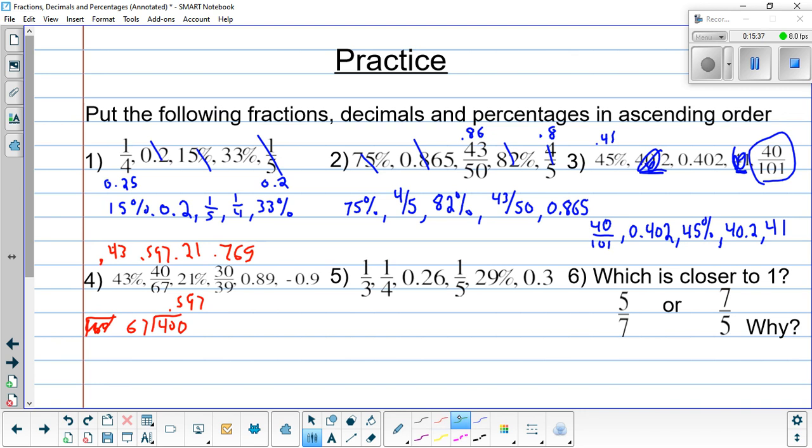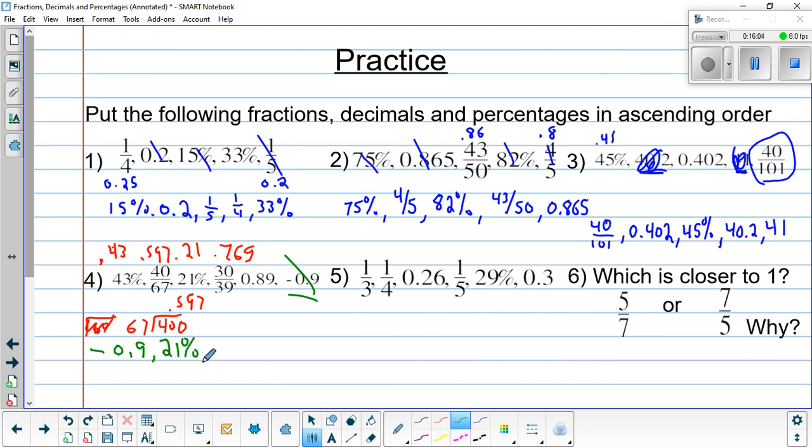So I'm going to move over to a green pen and start ordering these. I have this negative over here. I know that's first, so negative 0.9. Okay, that one's done. Next, 0.89 is quite big.